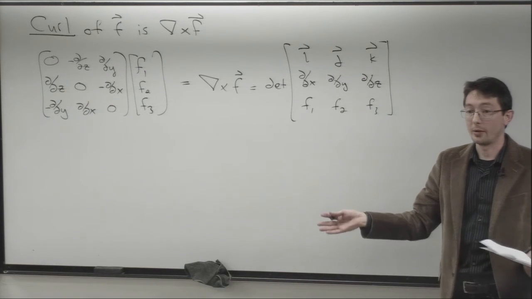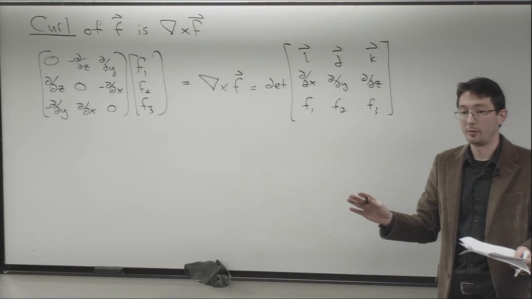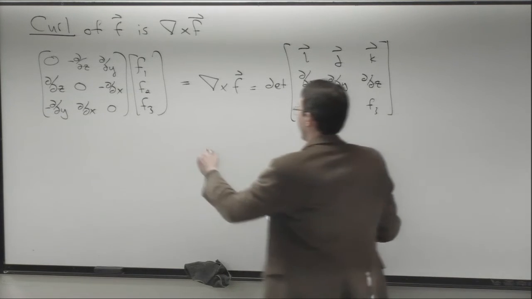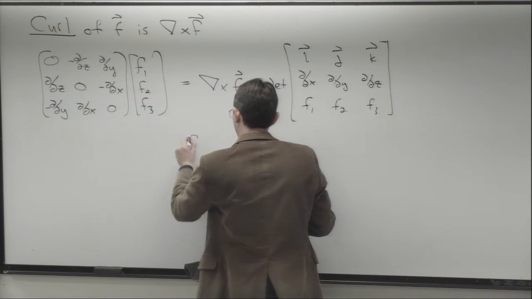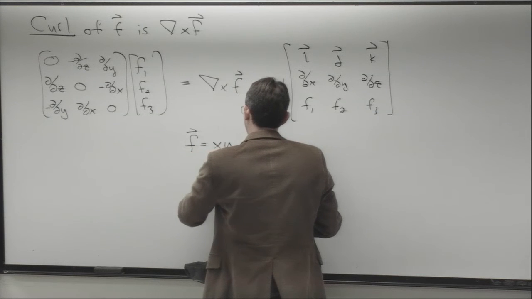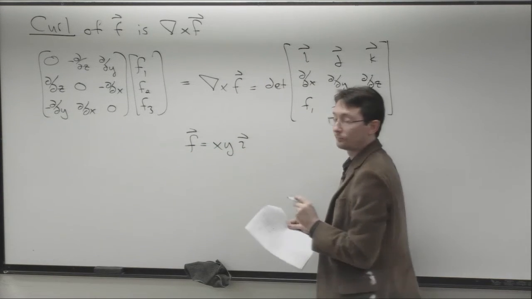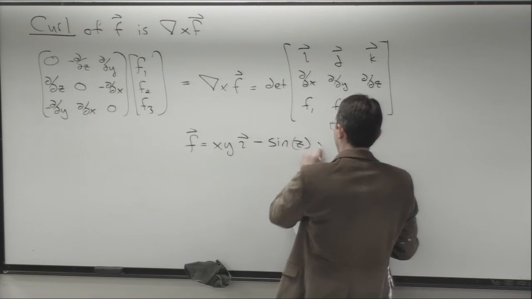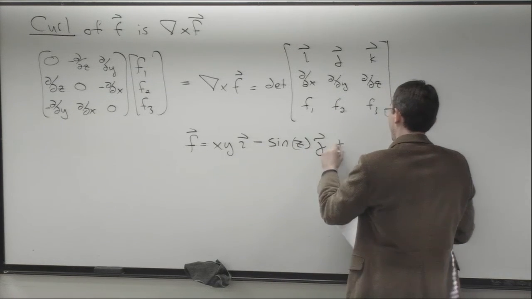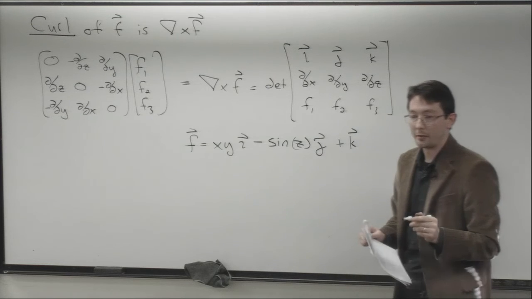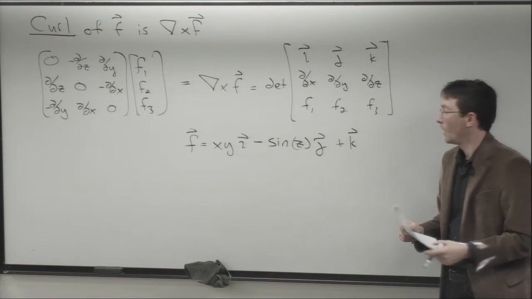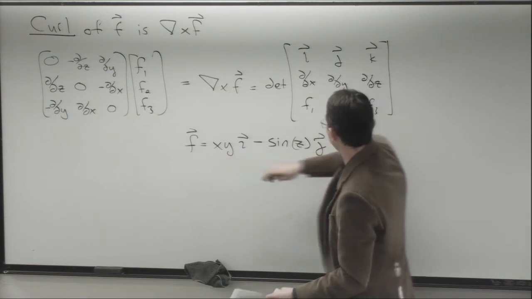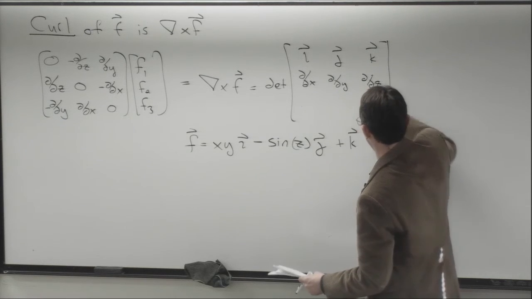Before we talk about what this means, let's do a super simple example. If f equals xy in the i direction, minus sine of z in the j direction, plus 1 in the k direction, I'm just going to plug in these components.